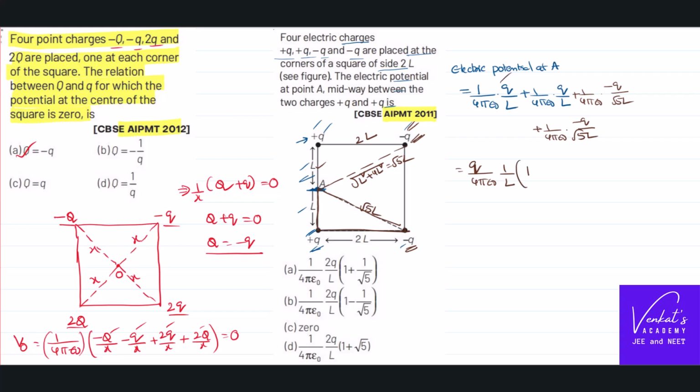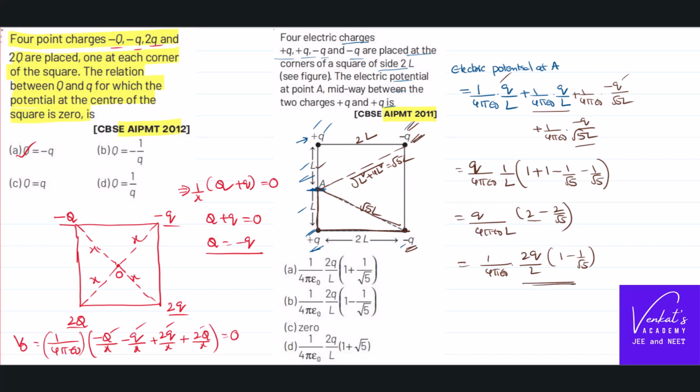So here 1, here 1, everything is taken out, here minus 1 by root 5, here also minus 1 by root 5. So this value is Q by 4 pi epsilon naught L times 2 minus 2 by root 5. You can take this 2 also common. So it will be 1 by 4 pi epsilon naught, 2Q by L, 1 minus 1 by root 5. So look at the options. The second option is the right option.